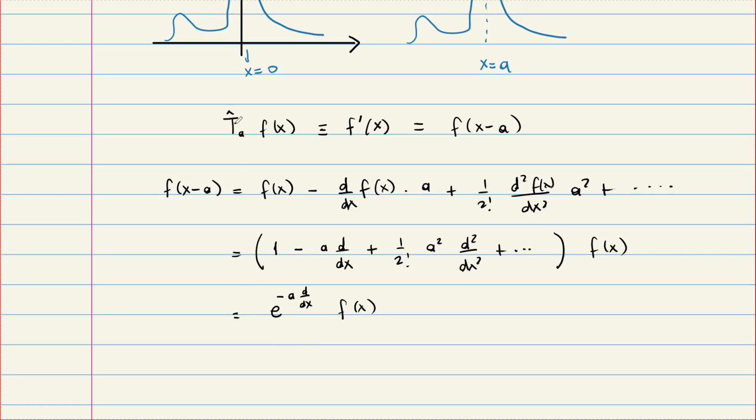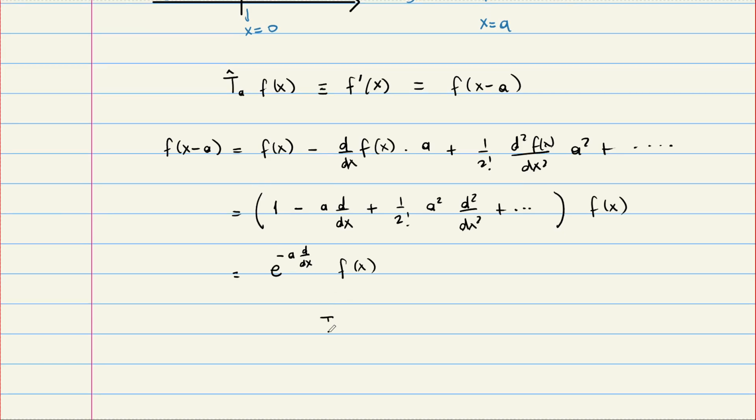From here I found my translation operator, right? This f of x minus a is something multiplying f of x. Then this thing multiplying f of x, I just found it. Then my T is equal to e to the minus a d over dx. But I don't want to write this in terms of d over dx.